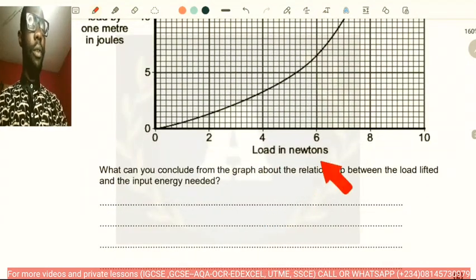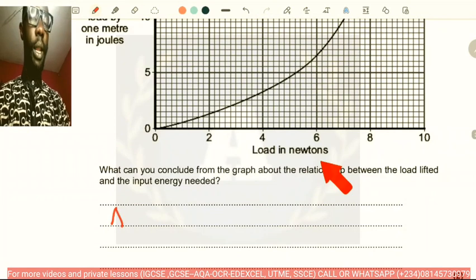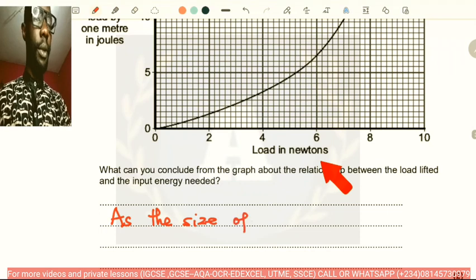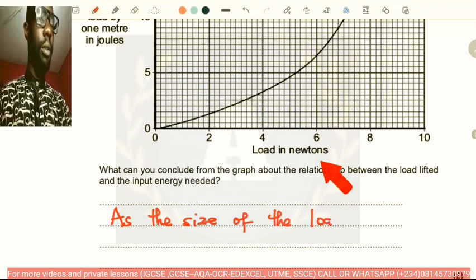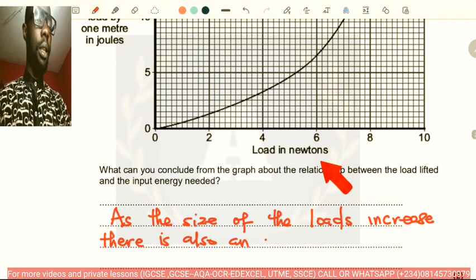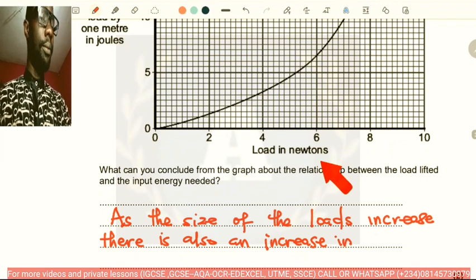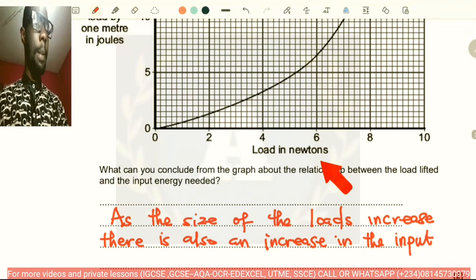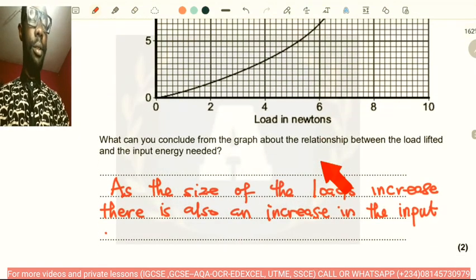So we can write the first point: as the size of the load increases, there is also an increase in the input energy.